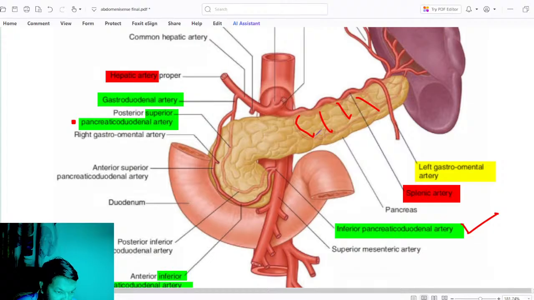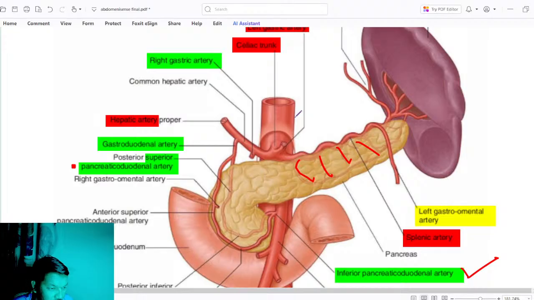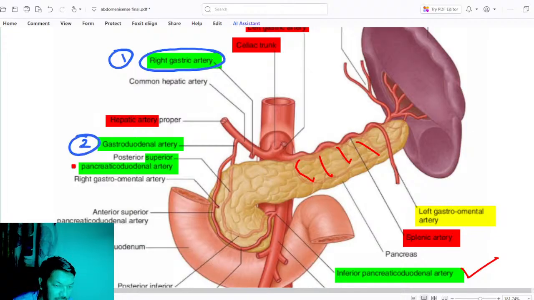See, now you will be more clear. Celiac trunk, we have the right gastric artery, first branch. Then second branch, we have the gastroduodenal artery. Gastroduodenal artery again dividing into, one is the superior pancreaticoduodenal artery, right?